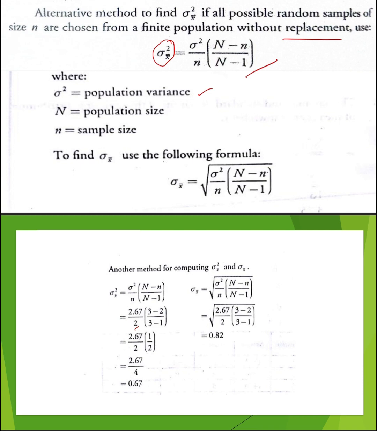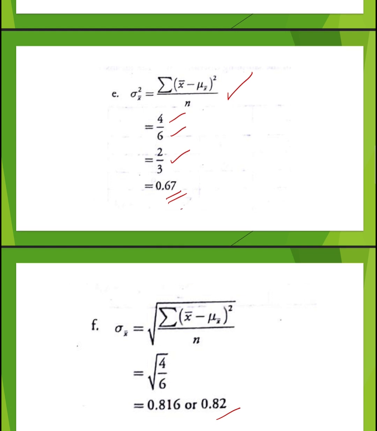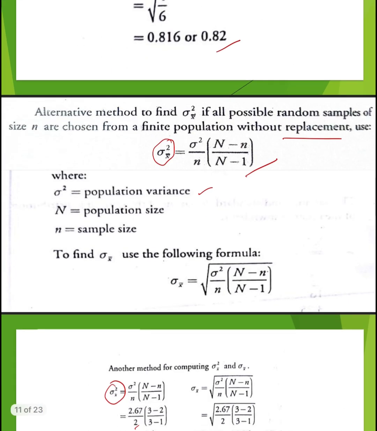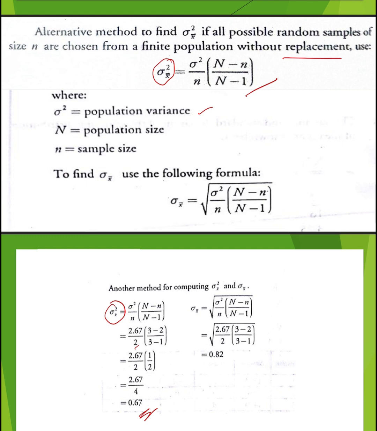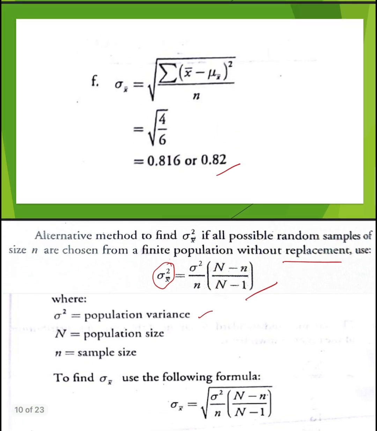And that is now equal to 0.67. That is the variance of the sampling distribution of mean, which is equal to our conventional solution, 0.67. Now, for the square root or standard deviation, we obtain 0.82 if we simply extract the square root, which is also equal to the conventional solution.